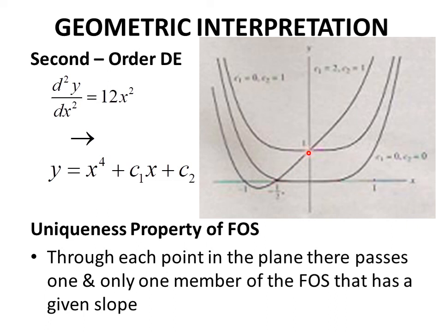But at each point of intersection, the intersecting curves have different slopes. For example, this curve has almost zero slope, while at this point this curve has a positive slope. At this point of intersection, this curve has some negative slope, while this curve has positive slope.